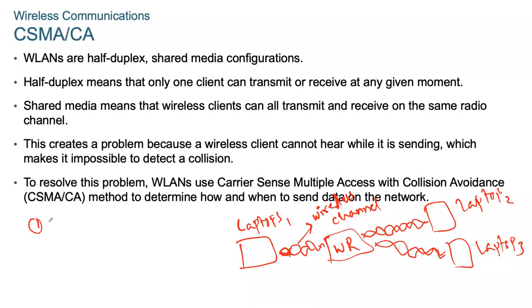It'll respond to it with a clear-to-send, a CTS. It says, the dedicated access is ready for you. Go ahead and send. When the wireless end device hears that, it's going to then send and transmit its data. And by the way, all of our wireless transmissions are going to be acknowledged. And if the wireless end device does not receive an acknowledgement back, then it knows there was a collision. It's going to restart that entire process back from listen.